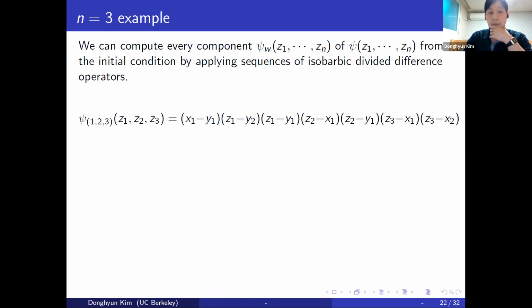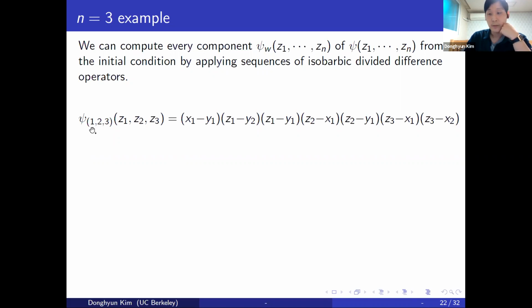So let's look at the example for n equals 3. For the identity permutation, psi of the identity, z is given as follows. This is the initial condition. And in 1 2 3, these are increasing, so it seems that there is no place to apply the isobaric divided difference operator.